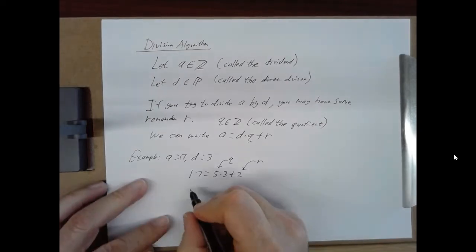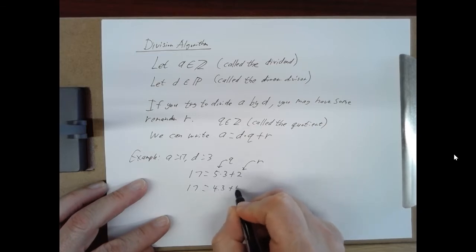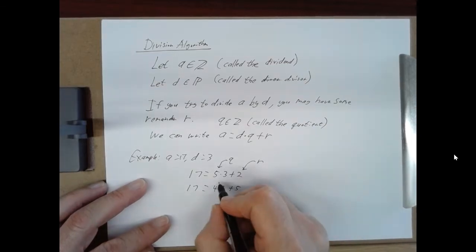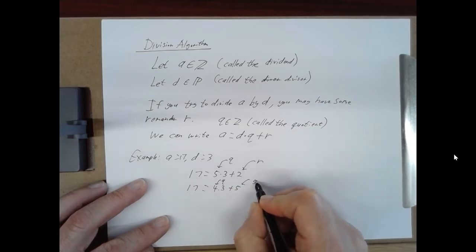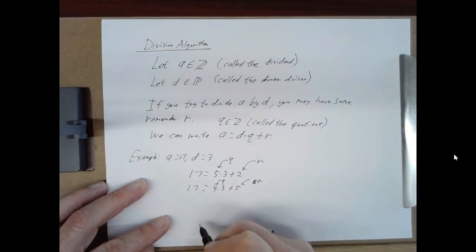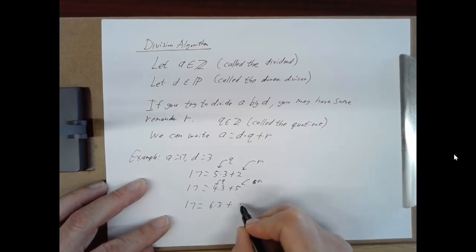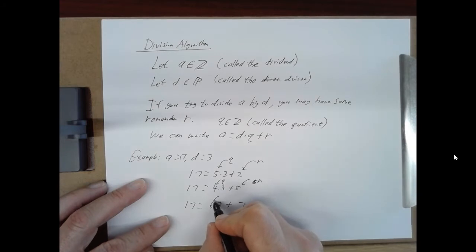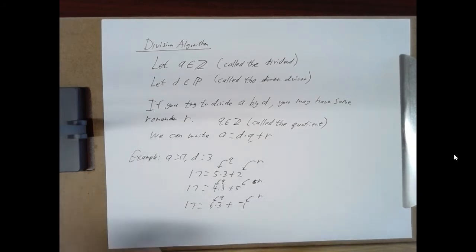We could also say 17 equals 4 times 3 plus 5, in which case the quotient is 4 and the remainder is 5. We could also write 17 equals 6 times 3 plus negative 1, in which case the quotient is 6 and the remainder is negative 1.